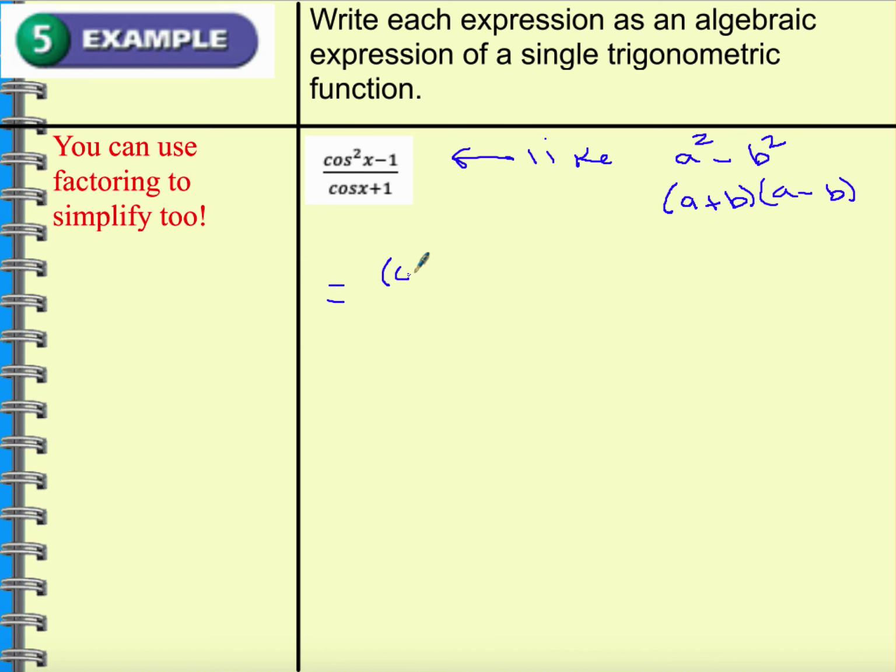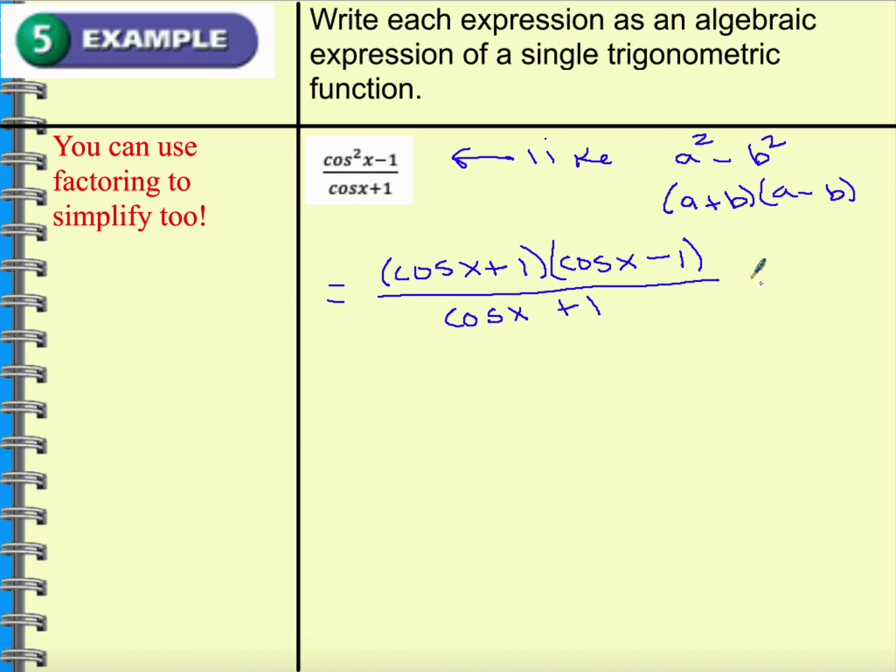That's going to give me cosine plus 1 times cosine minus 1. And down in the denominator, I have the whole expression, the cosine of x plus 1. Now, any number divided by itself is equal to 1, even if that number looks like, you got it, an expression.